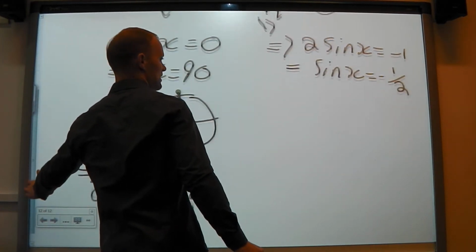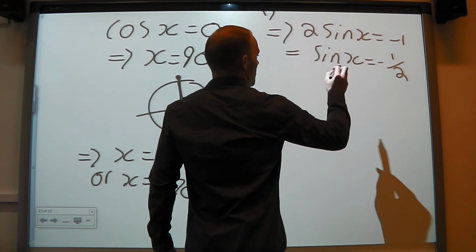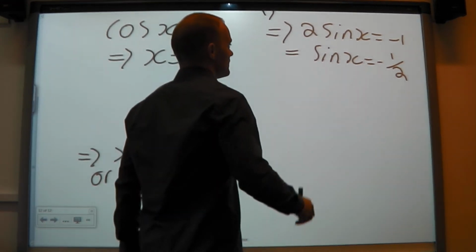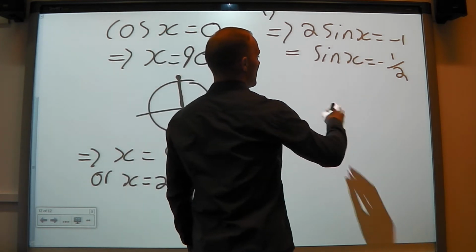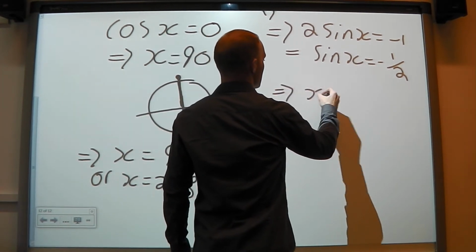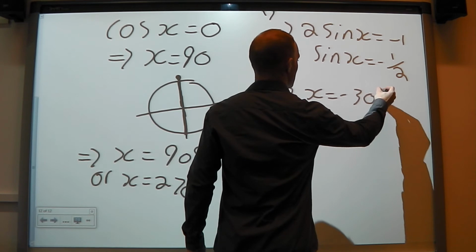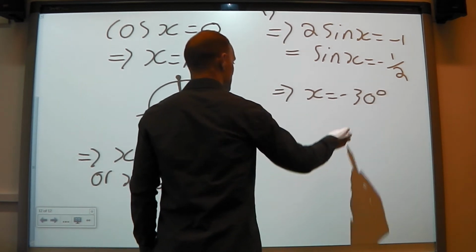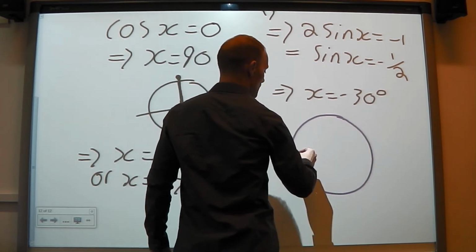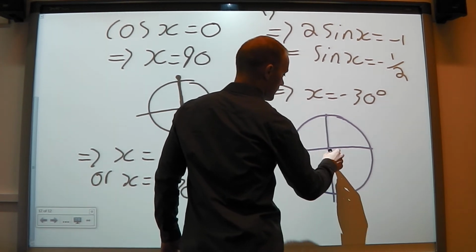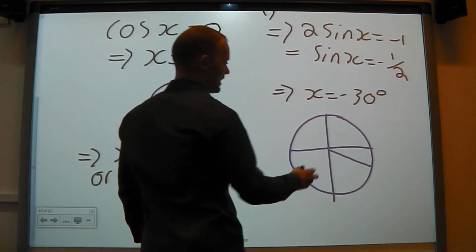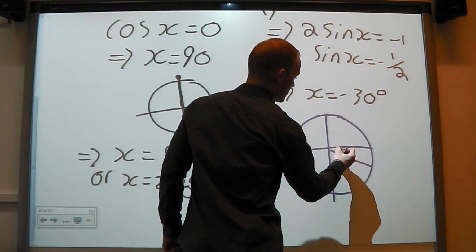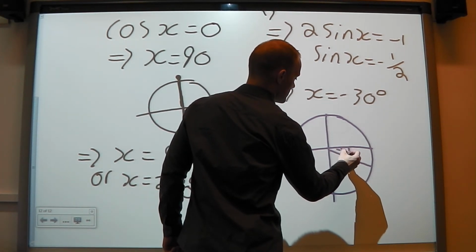So if you just put that into the calculator, the inverse sine of negative a half implies x equal to negative 30 degrees. So we'll just draw that again in another badly drawn circle. So we have negative 30 degrees, and we'll just call that negative 30 degrees here.